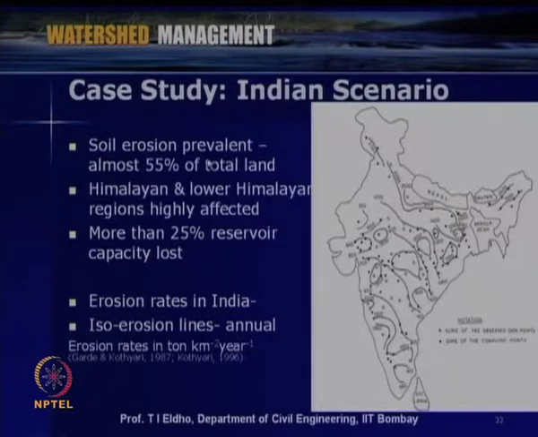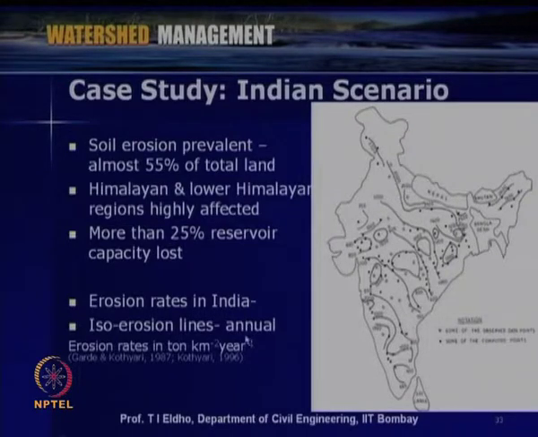In the 1960s, 70s and 80s, the Government of India implemented many programs to reduce soil erosion problems in terms of soil conservation. Almost 55% of total land is affected, especially the Himalayan and lower Himalayan regions are highly affected by soil erosion. And as far as major reservoirs are concerned, more than 25% of the reservoir capacity is lost due to sedimentation and soil erosion problems.